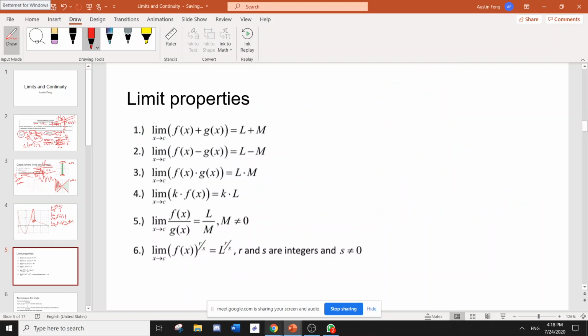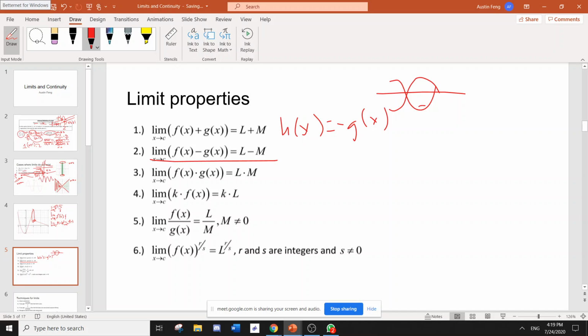So here are some properties of limits. If you have two functions, f of x and g of x, the limit of the sum of the functions is the sum of the limits. And then the same thing for negative, except we're subtracting. The way we prove this is, let's say we have an h of x equal to negative g of x. Since we flip the function vertically, right?